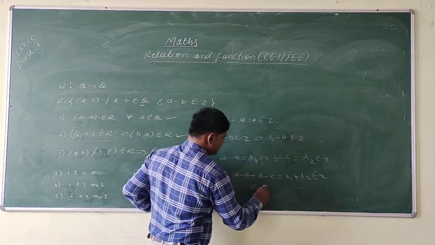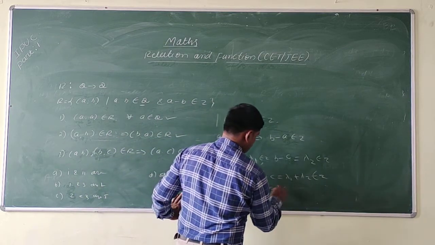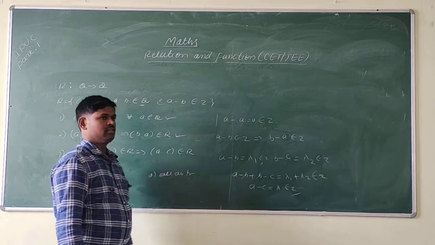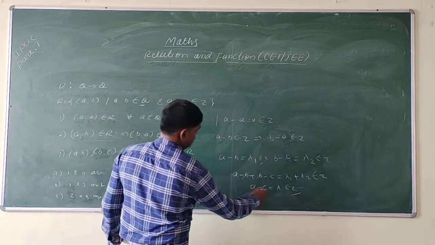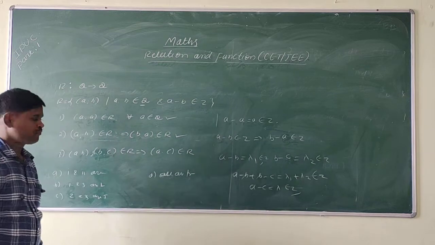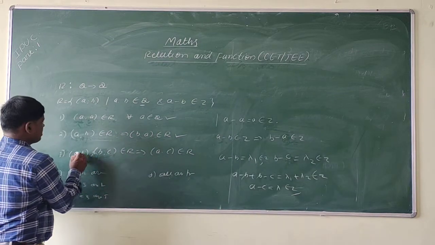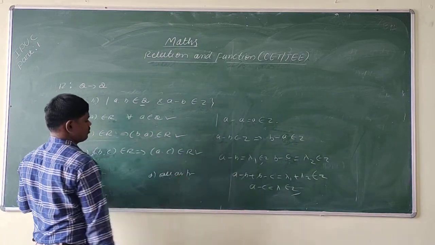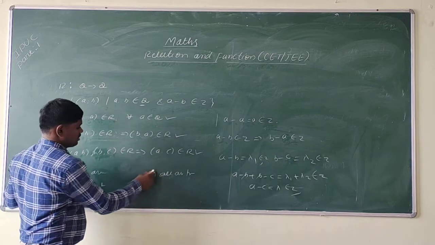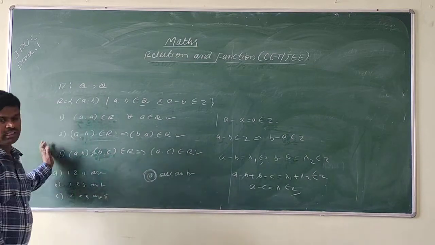So a minus c is also an integer. Therefore this is also true, so option D is the right answer: all are true.